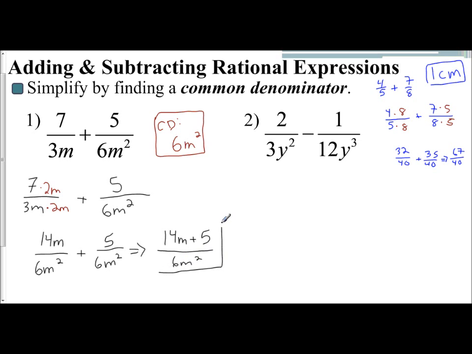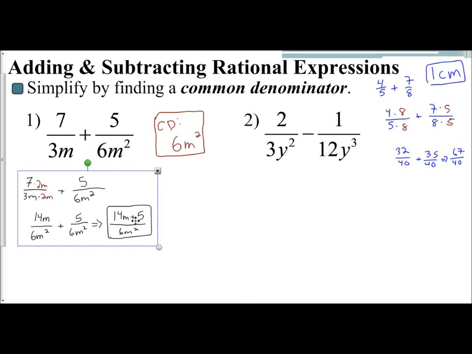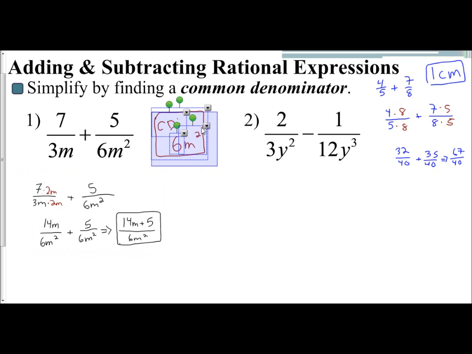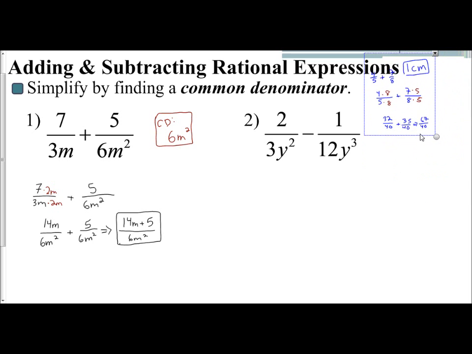And that is my simplified rational expression by adding the two together. The key concept to remember is that when you are adding or subtracting rational expressions, we need to find a common denominator. And you want to make sure you write it down because that shows you what you want both denominators to look like. And so let's try a subtraction problem.